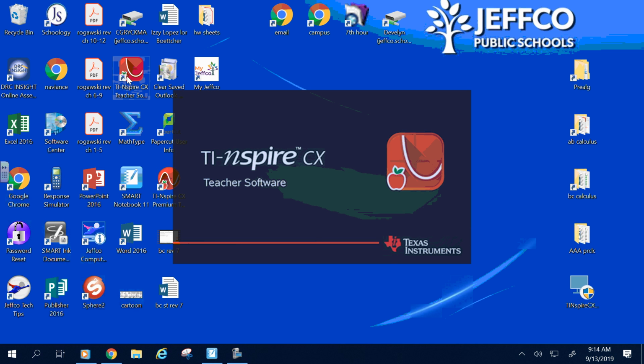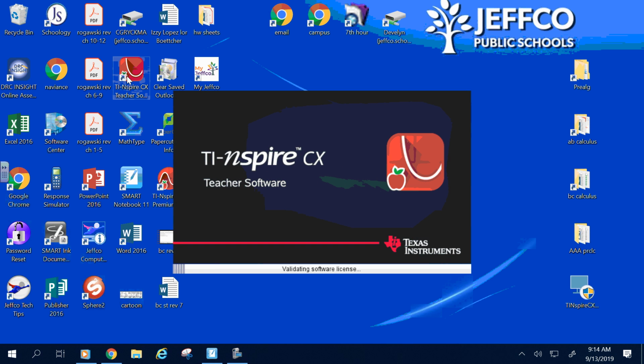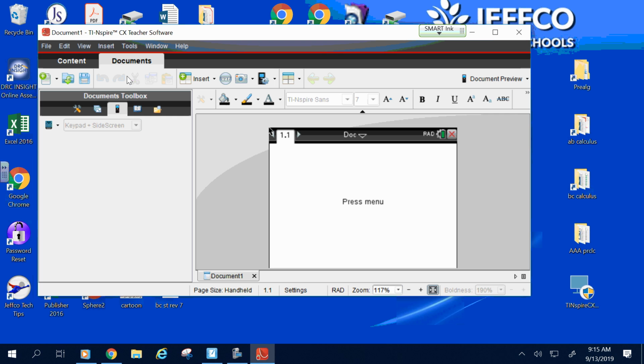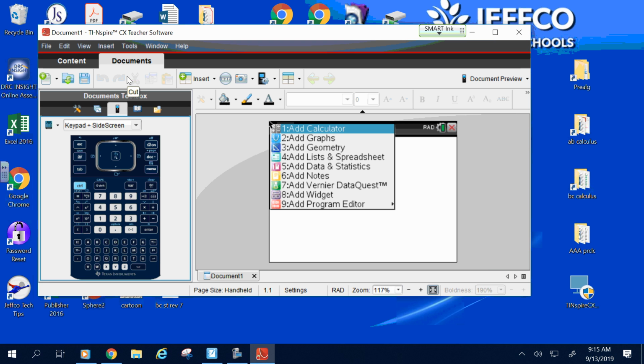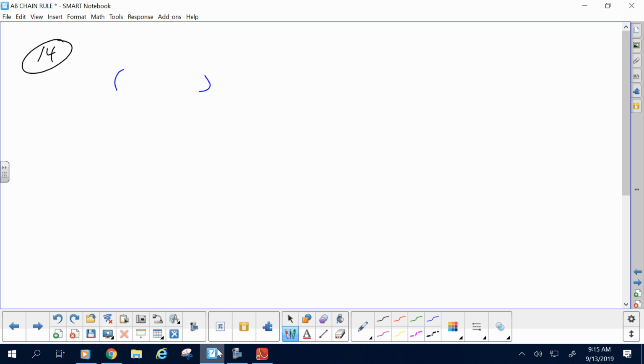So number 14, the first thing I need to do is graph the top half of this. The equation was (x plus 4) squared plus (y plus 4) squared equals 12 squared. Right?